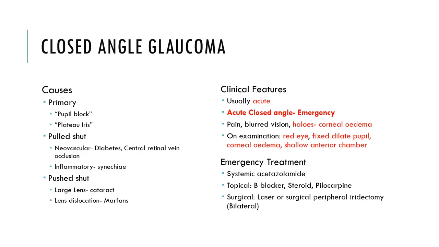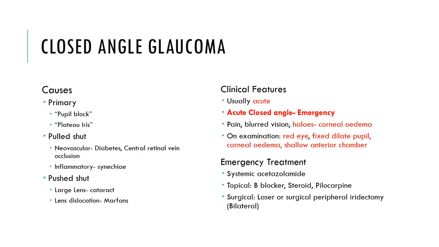The second pulling mechanism is via inflammatory processes, and these can be such as anterior uveitis. This causes the formation of synechiae, which are adhesions between the iris and the peripheral eyeball. So that covers the pulling pathologies.